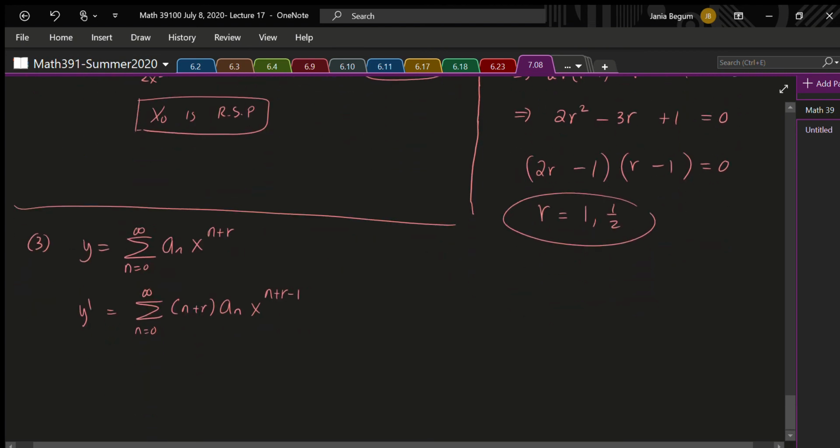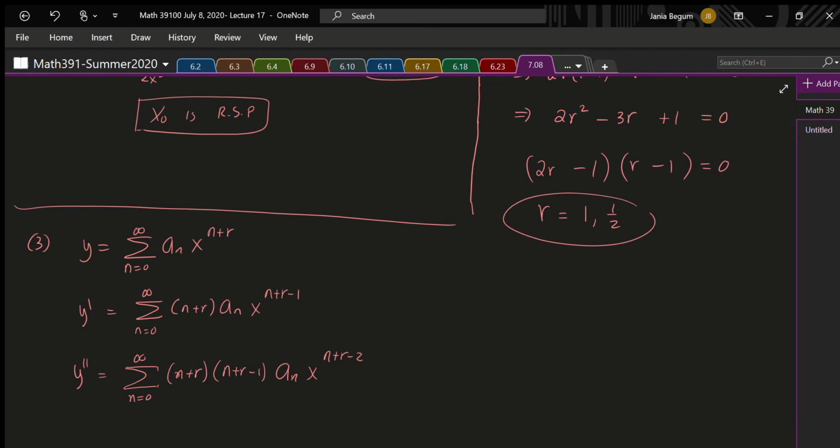And the second derivative is the sum n equals 0 to infinity of n plus r times n plus r minus 1 a_n x to the n plus r minus 2. So these are the substitutions we're going to make for y, the first derivative, and the second derivative. Any questions up to here?